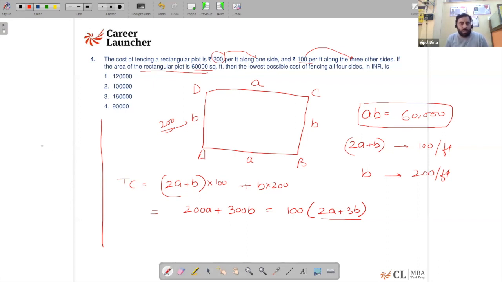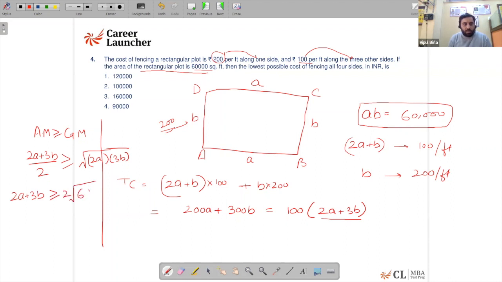So what we can do is use the concept of AM-GM, where the arithmetic mean is always greater than or equal to the geometric mean. If the two numbers are 2A and 3B, their arithmetic mean (2A plus 3B) by 2 is greater than or equal to the geometric mean, which is the square root of 2A into 3B. Therefore, 2A plus 3B is always greater than or equal to twice the root of 6 into A into B. And I know the value of A into B is 60,000.